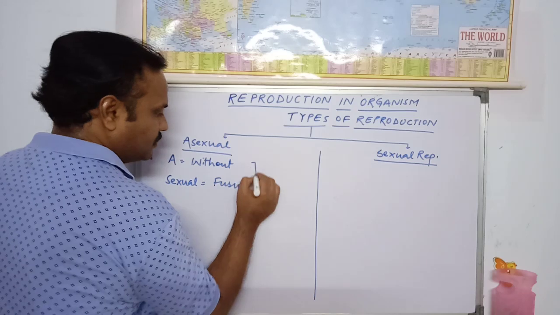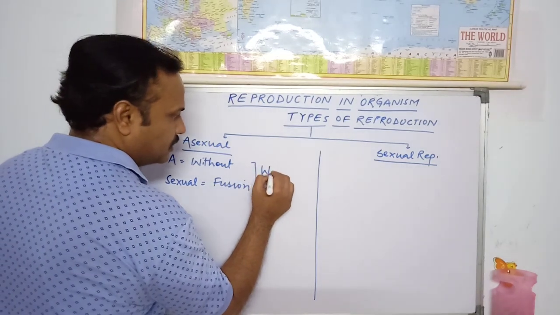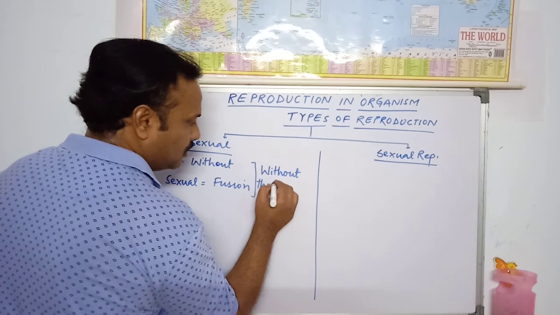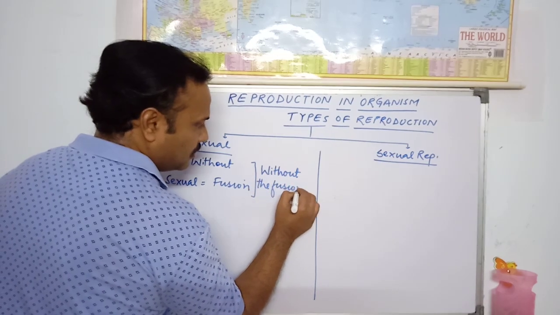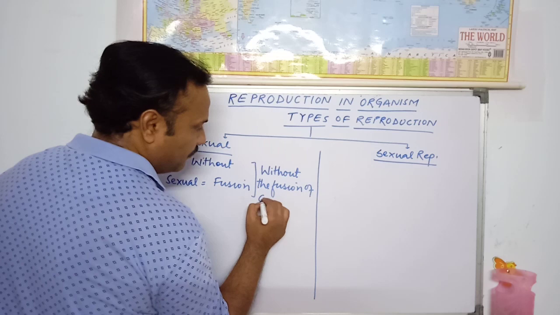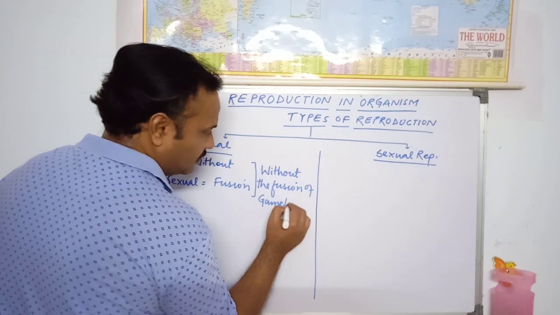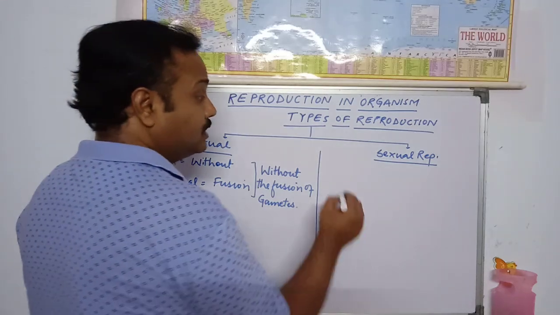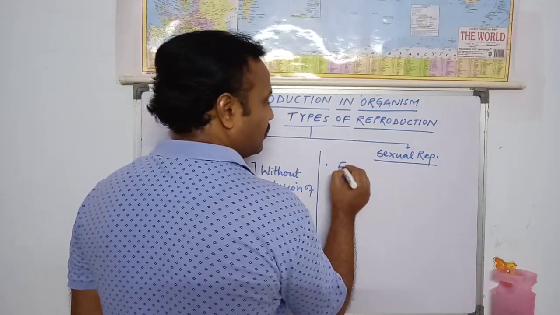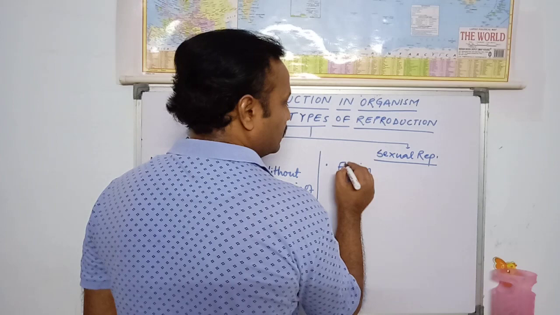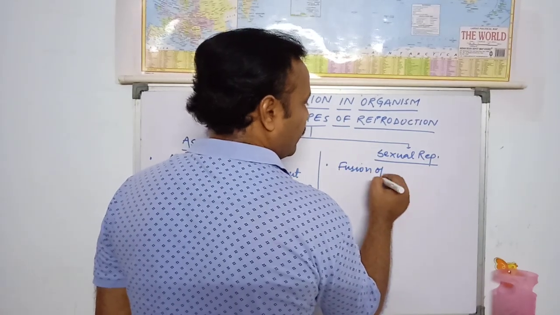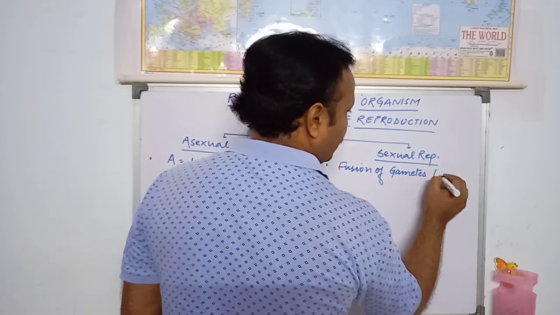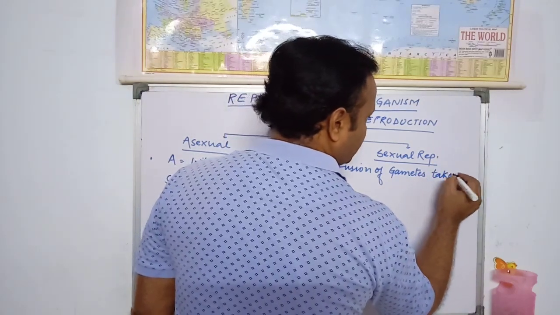That means asexual is without the fusion of gametes, while in this case, fusion of gametes takes place.